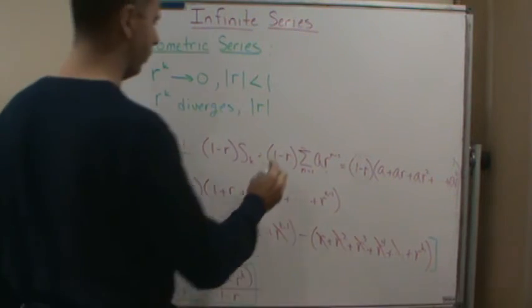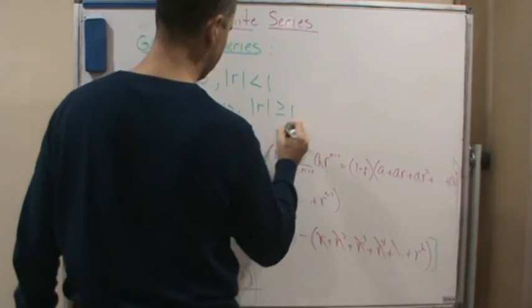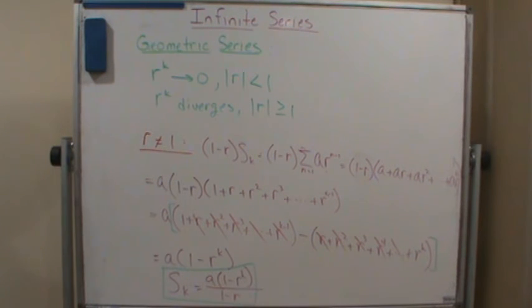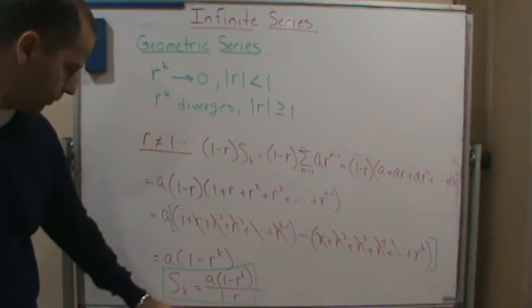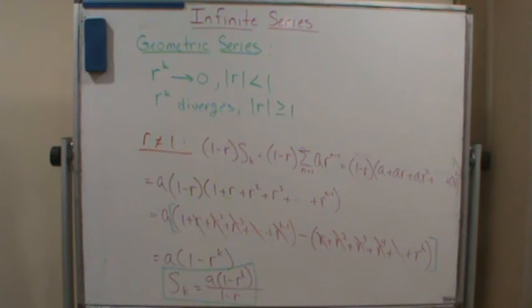Well, greater than or equal to 1, right? Okay, so that was based on geometric sequences. And so since we've got this as the representation of our partial sum, which is again, we're dealing with a sequence of partial sums now. Okay?